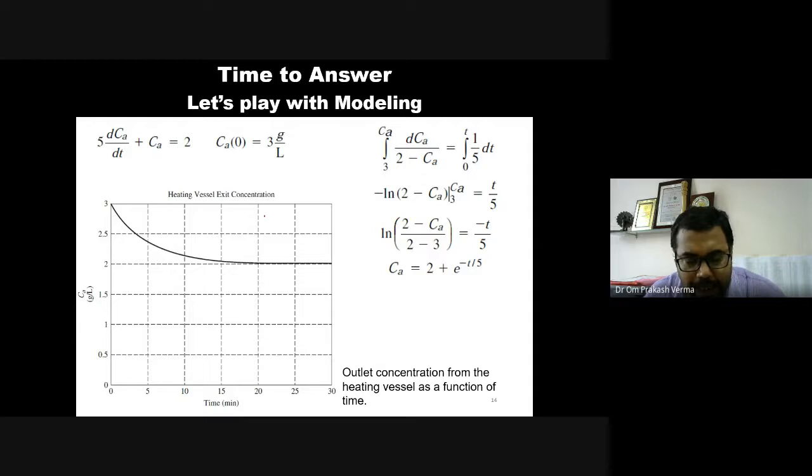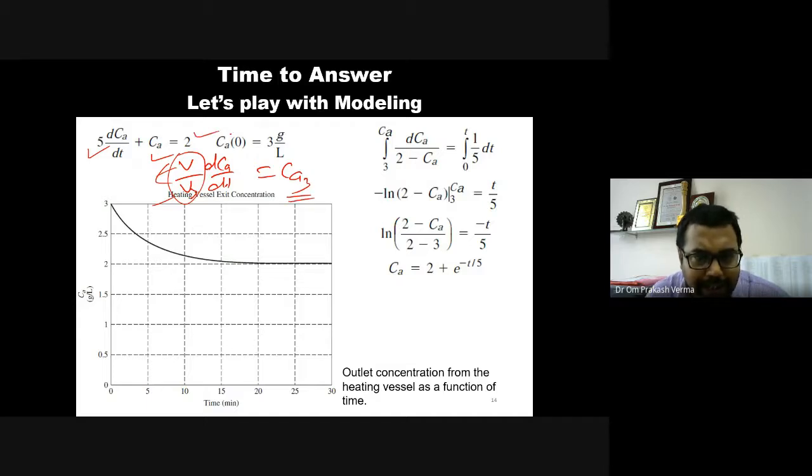Now try to analyze the equation. That equation is, now we are writing here V by V3 dCA by dt, okay, plus Ca equals to Ca3. So now V by V3, just the values given, just to calculate this one, Ca3 is already known, यहाँ से हमने क्या किया, and this is the initial condition.